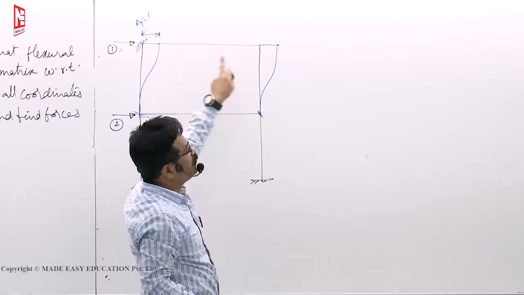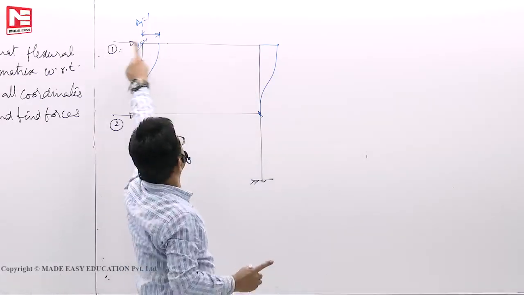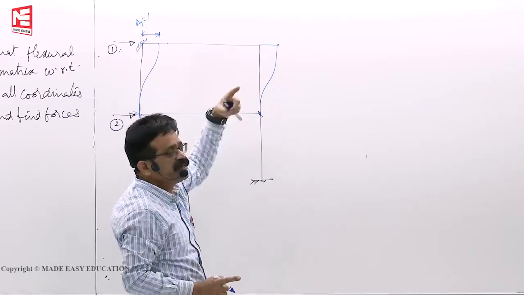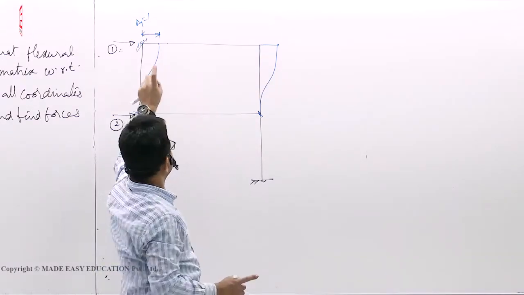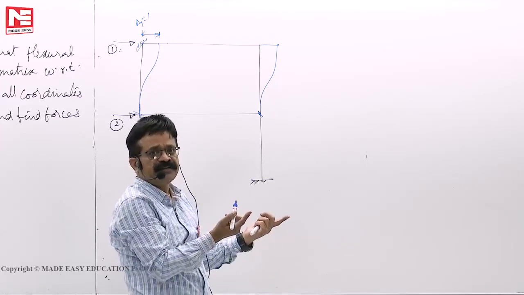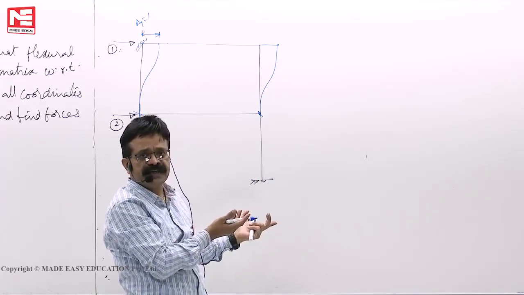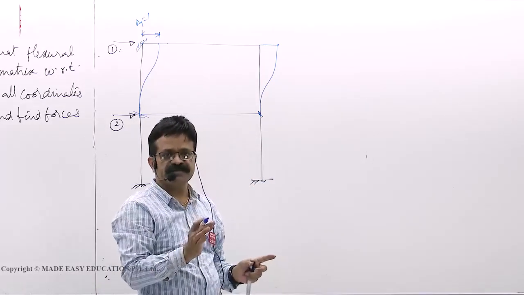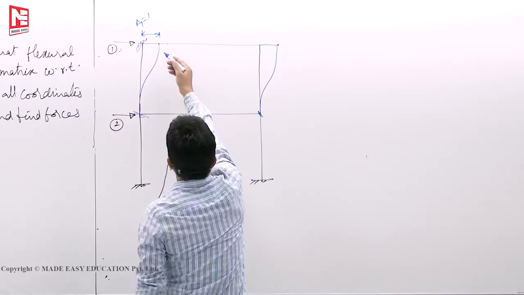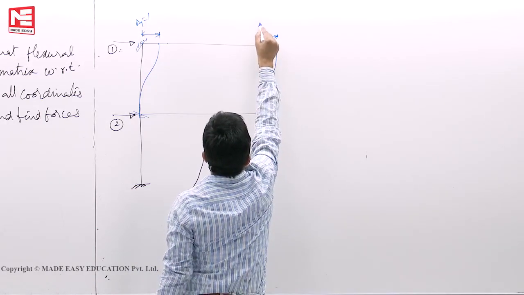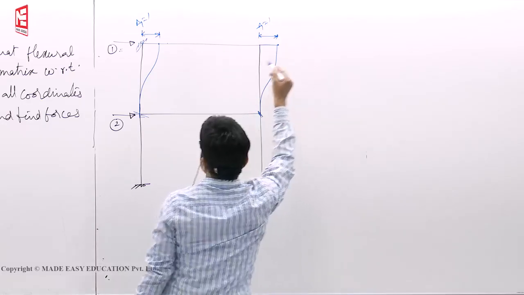If you draw the deflection profile correctly for this unit displacement, your stiffness matrix will never go wrong, because for that deflection profile you know how to calculate. Unknown deflection profiles they will not ask in the exam. Okay. So this is 1 means this is also 1.